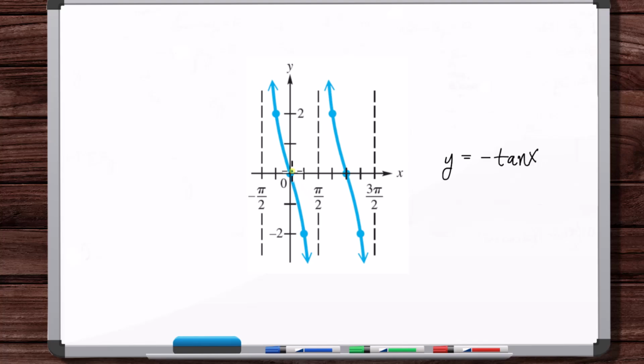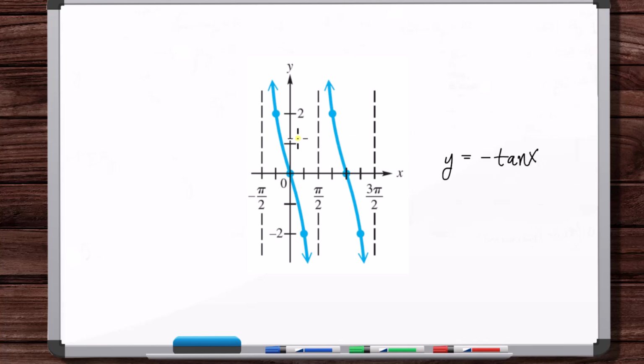And the flipping allows us to go from this to this. Now, you might say, well, did we flip about the x or the y? How do we know which one to flip? Well, it doesn't matter in the case of tangent because it's got odd symmetry. We're going to flip about the x. But if we did minus x, because it's odd, tangent of minus x is equal to minus tangent x, so it doesn't matter anyway.